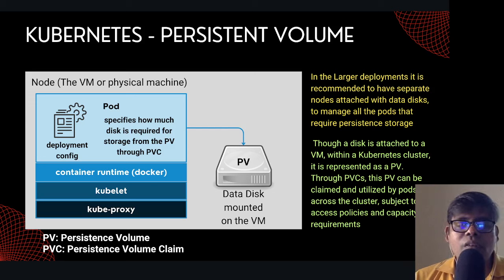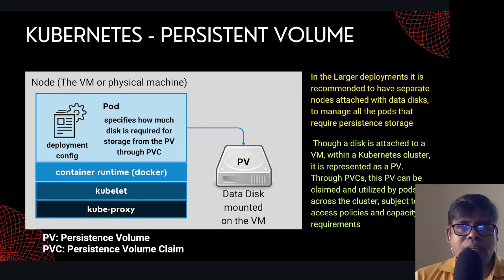Persistent volume is the physical storage that you are attaching to a cluster. For example, in this diagram we have a data disk that is mounted on the VM. So now this data disk becomes our persistent volume. Now in our example Postgres is there, maybe this PV is a 500 or 256 GB data disk, and in Postgres we wanted a 10 GB claim.